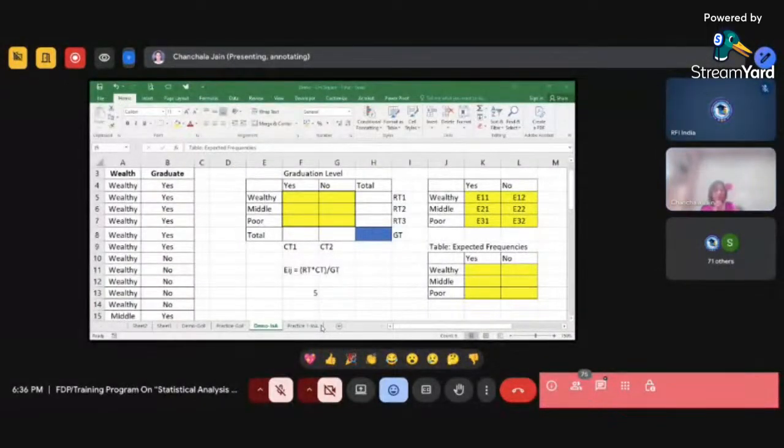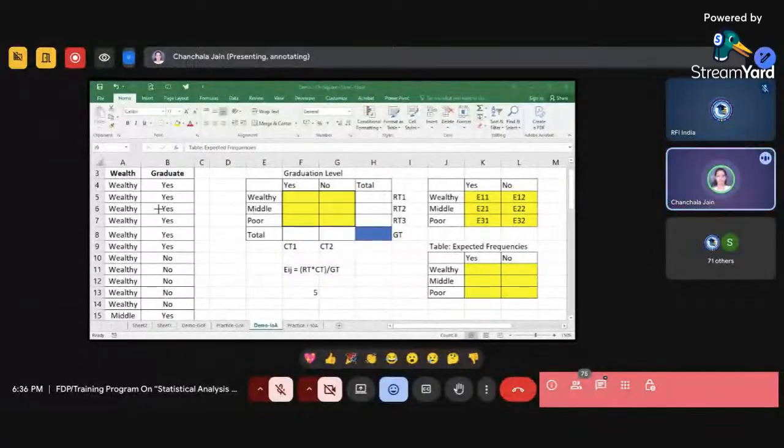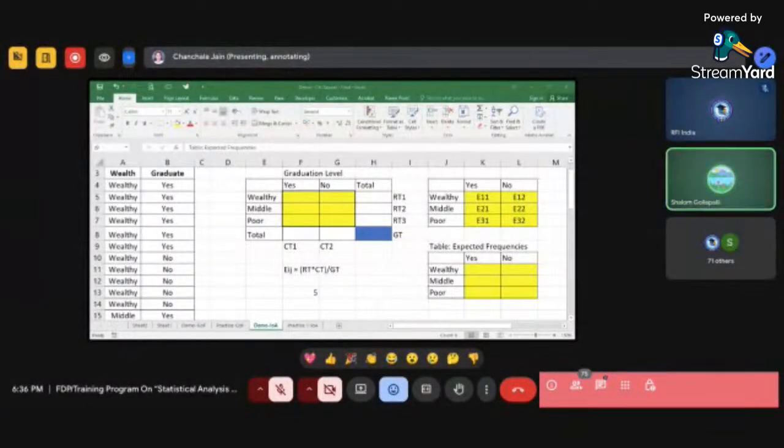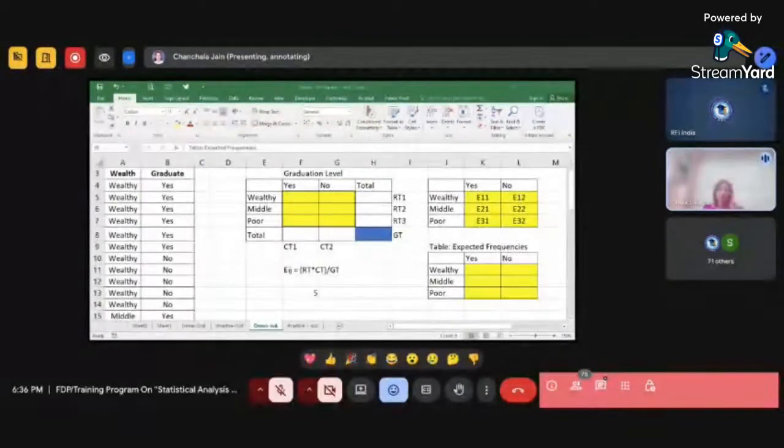Madam, for every ANOVA, do we have to do this chi-square test? Is it necessary before every ANOVA? I'm not sure where ANOVA comes into the picture.